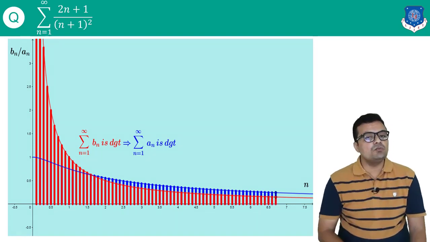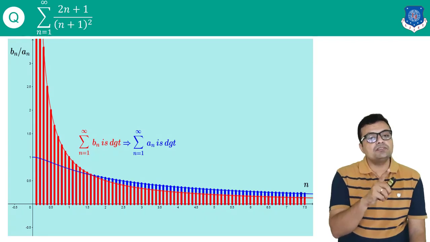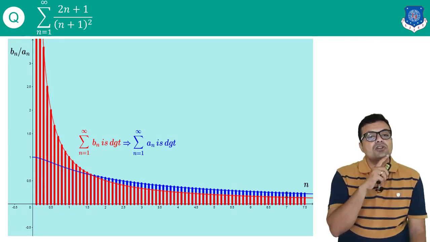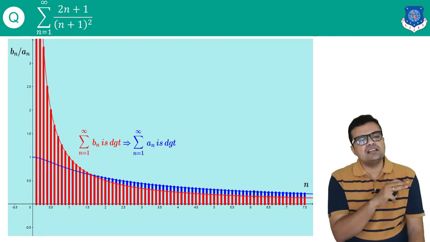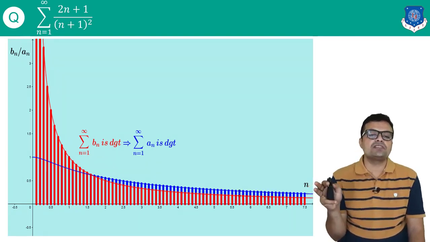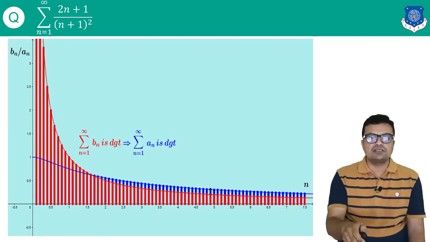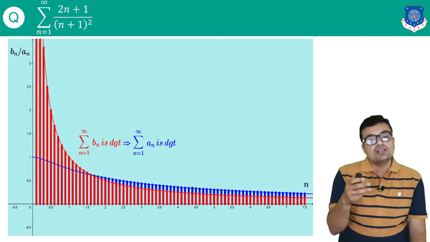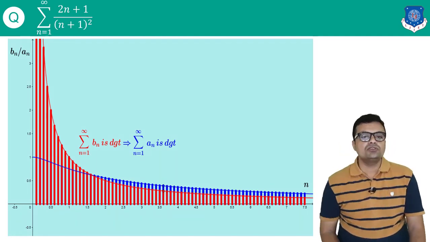So this picture will make clear that initially it may happen that your series is not obeying the rules, but after a certain level, after 2, we can see clearly from this picture that my sub-series, which is represented by red color, is divergent. And as it is held by the series, An is also divergent.